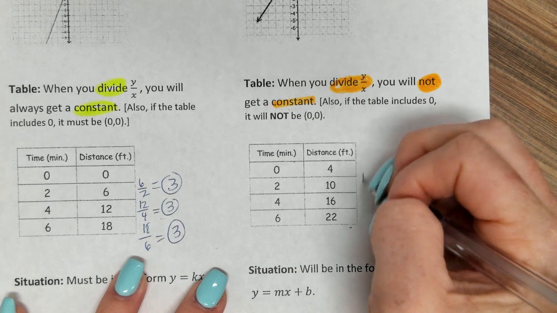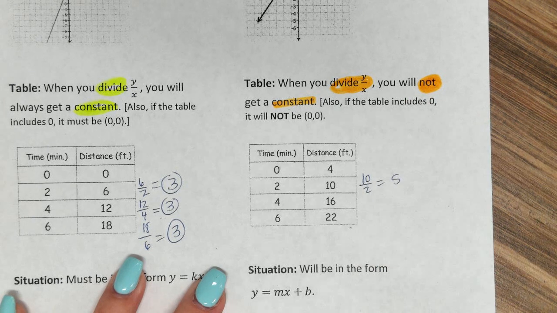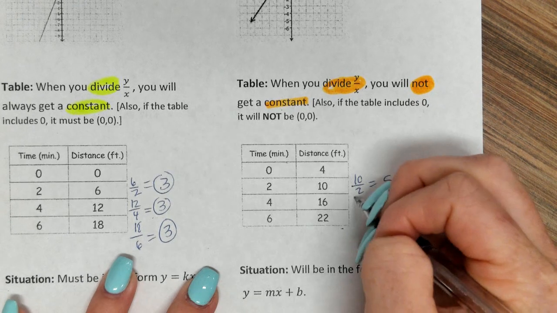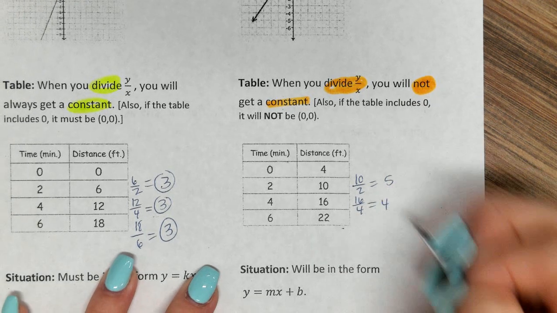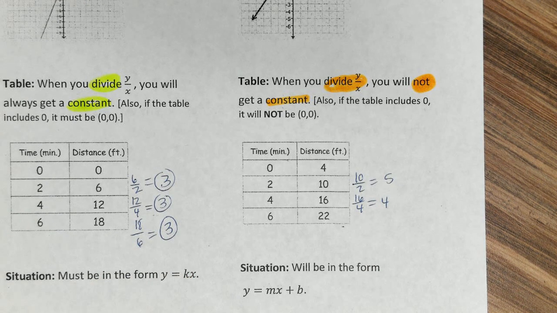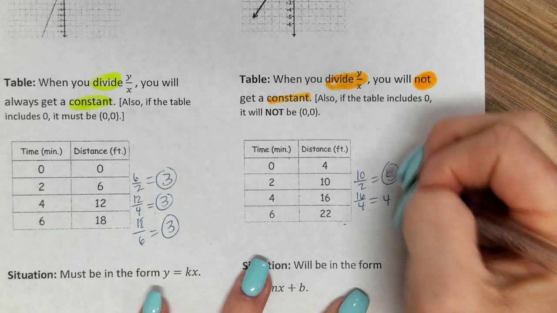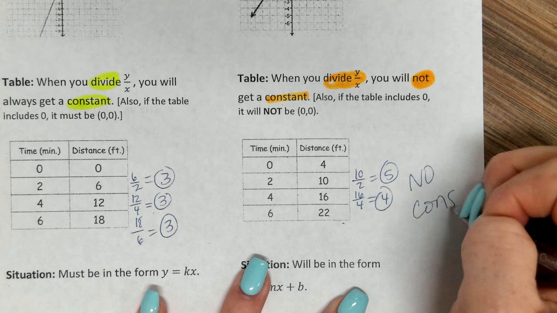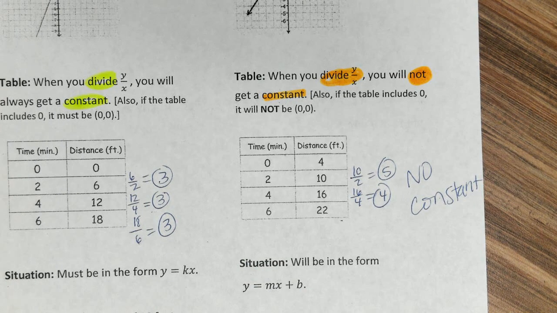For example, 10 divided by 2 is 5, but 16 divided by 4 is 4. Do you see how there is no constant? Yes or no? If I'm writing, you're writing.